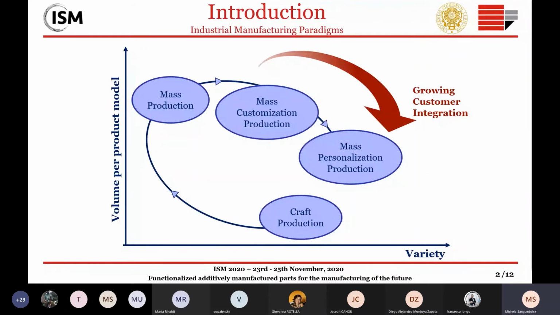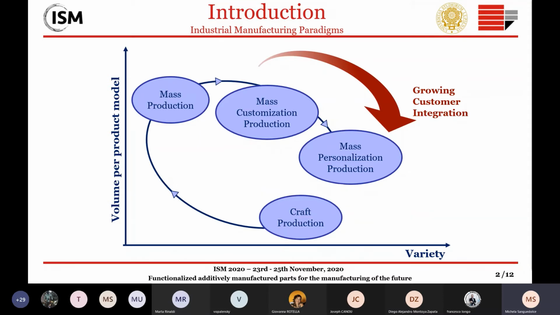As all of you may know, over time, different industrial manufacturing pillars evolved. The first one, craft production, was related to the first industrial revolution, and then the second, third, and fourth related to the following industrial revolutions.